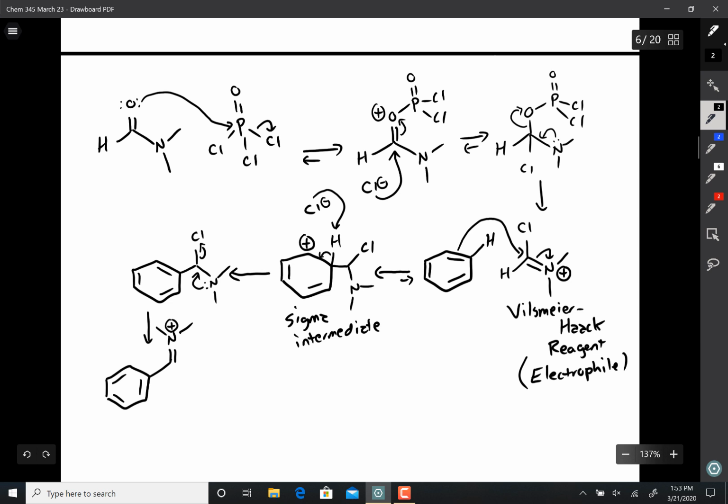We have this species right here, which is an iminium. Remember, iminiums are unstable to water. This is what you throw water at.